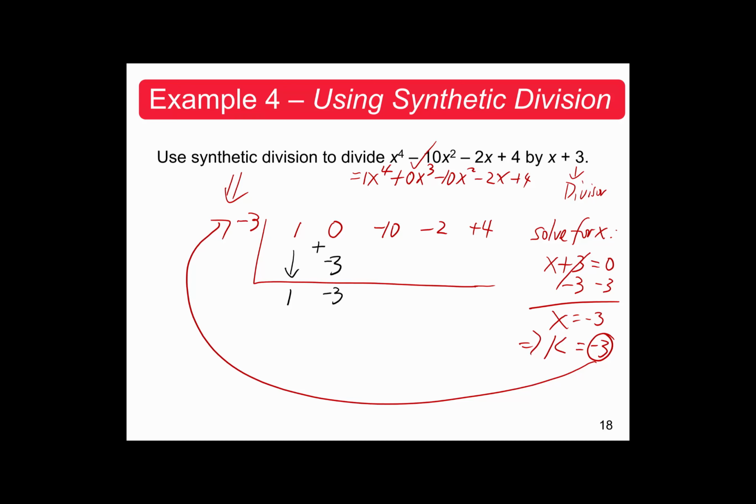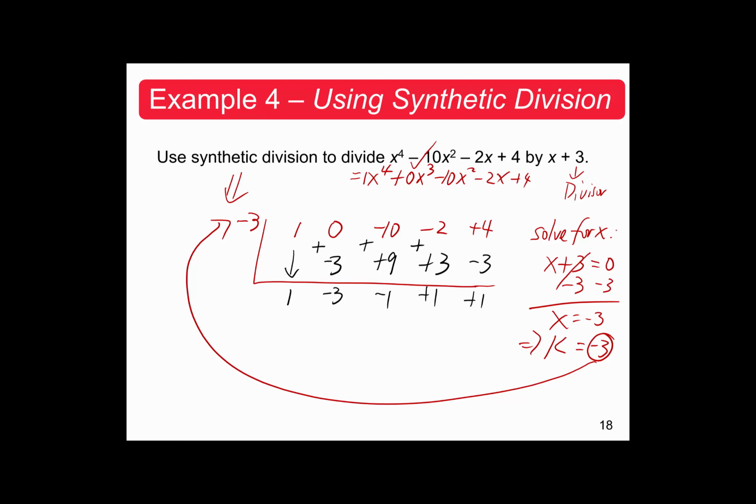Diagonally, you multiply negative 3 by negative 3 and end up with positive 9. Adding these two numbers vertically, you end up with negative 1. Negative 3 times negative 1 becomes positive 3. Combine these two numbers and you end up with positive 1. Now multiply diagonally: negative 3 times positive 1 is negative 3. Combine them and you get positive 1.